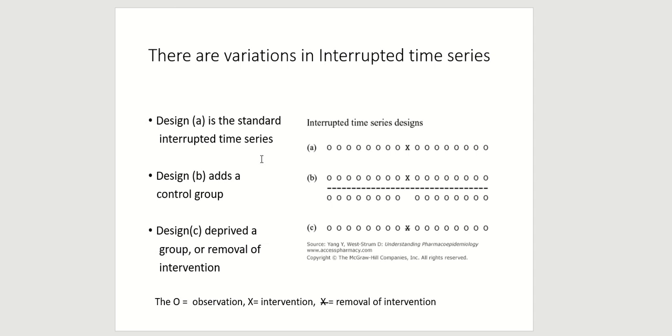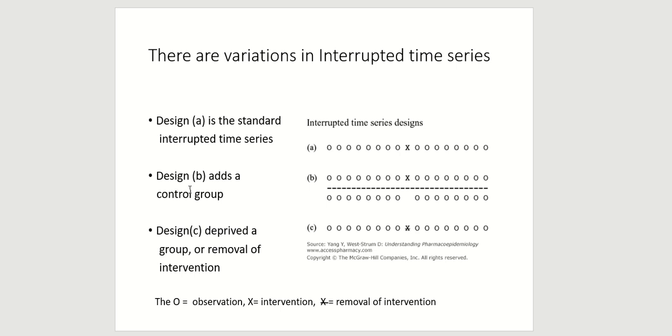So this is the graphical display of interrupted time series. Design A is a standard interrupted time series. Basically, you have observation, observation, observation, observation, and then the intervention, which is shown as X, and O for observation, and then you observe, observe.